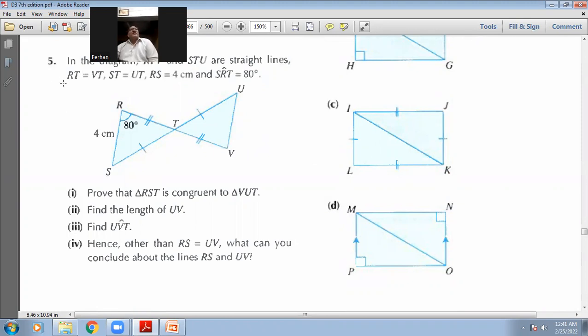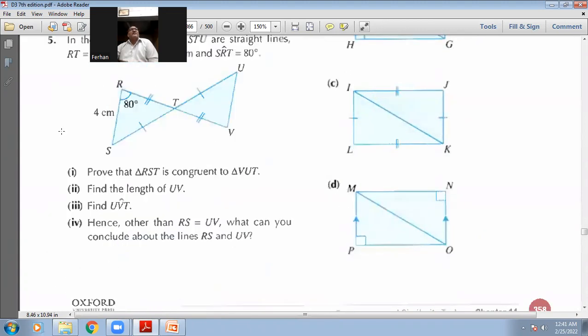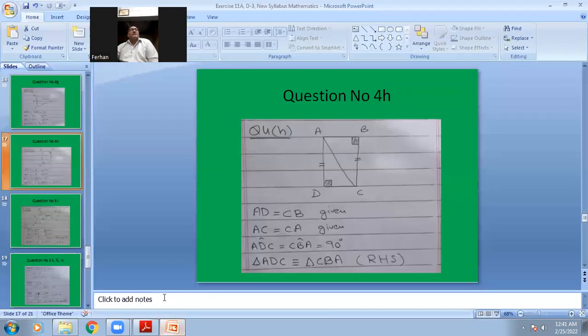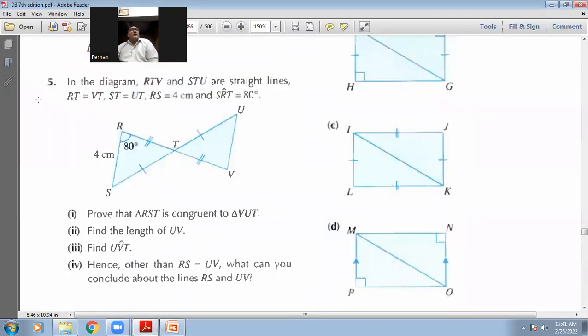So in question number 5, in the diagram, RTV and STU are straight lines. RT equals VT and ST equals UT. RS equals 4 centimeters, and the angle SRT equals 80. Prove that the triangle RST is congruent to the triangle VUT.